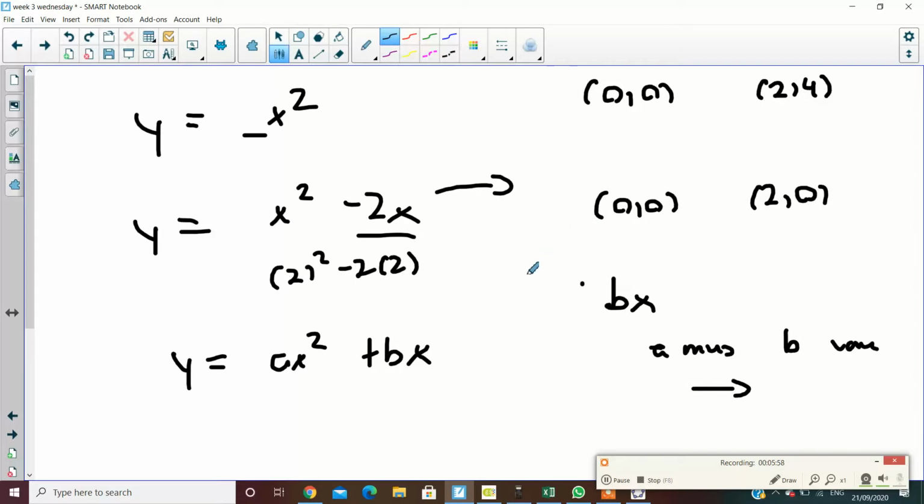A b value that is negative shifts it to the right. A b value that is positive shifts it to the left. Finally got it right. I'm going to say it one more time. A b value that is negative shifts it to the right. A b value that is positive shifts it to the left. We all good with that?